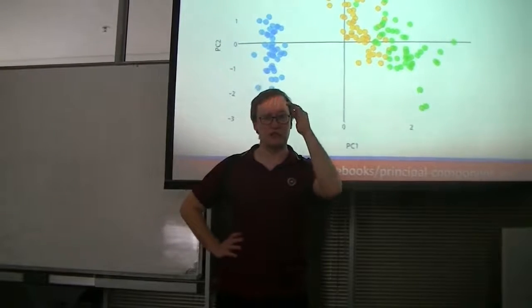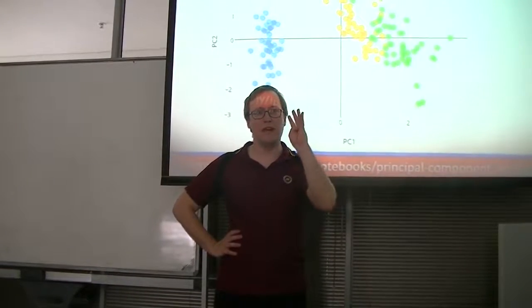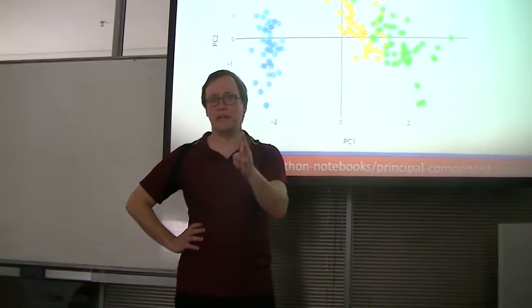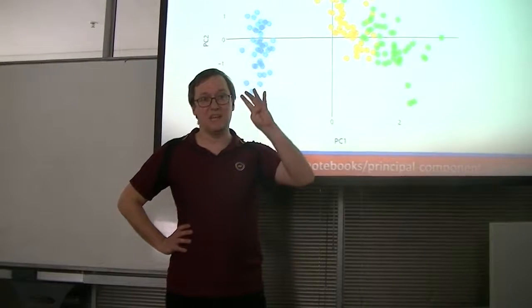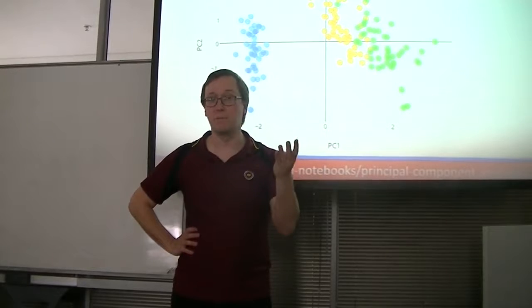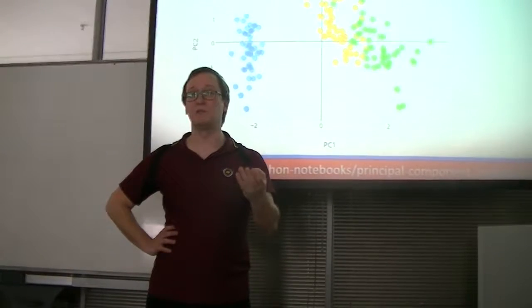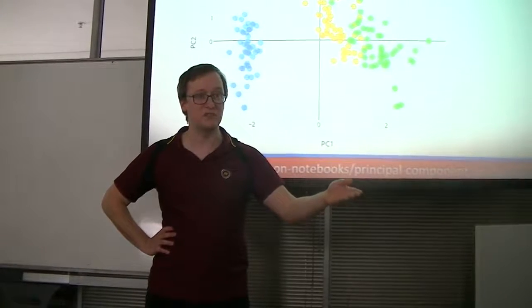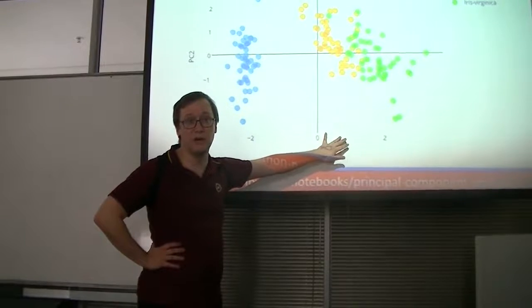I want you to remember how we got here. In this case, we had 4 measurements for each plant, so a 4D space. We produced a principal component analysis of that, and that produced 4 components. We looked at how much variability was accounted for by each of those 4 components, but in the end we visualized using 2 components.